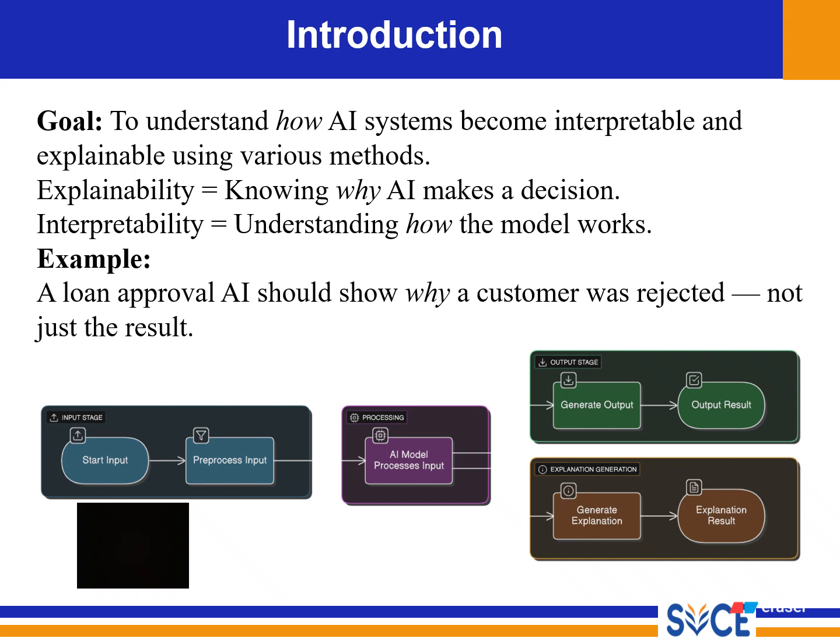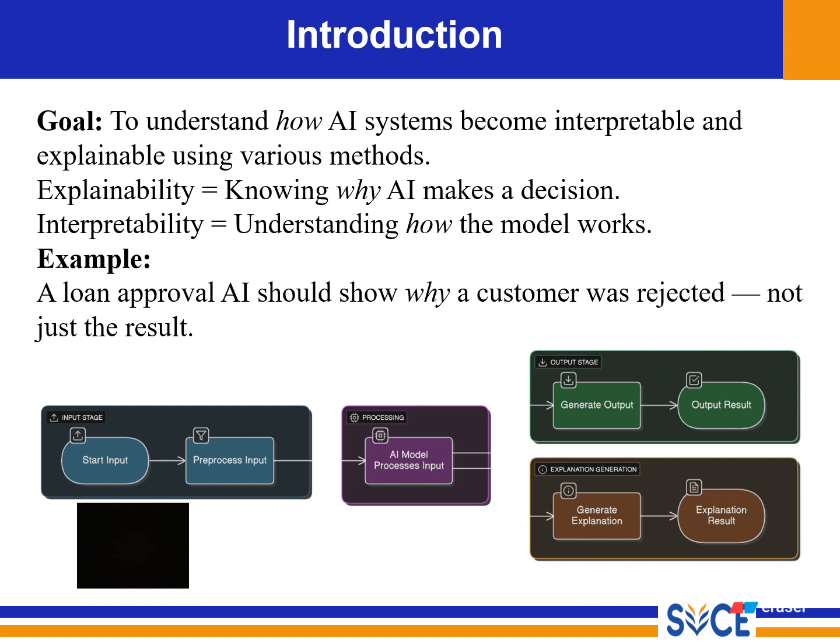Explainable AI is about making AI understandable to humans, so we know why and how a machine made a decision. Look here. Explainability means knowing why AI made a decision. Interpretability means understanding how the model works. Okay, let me give an example.